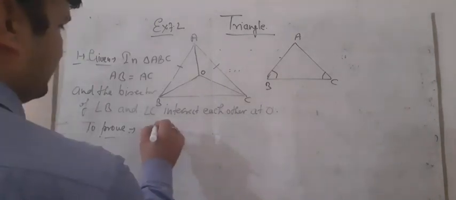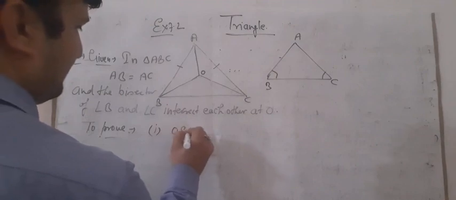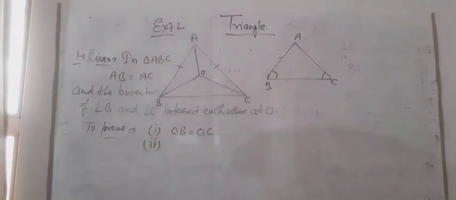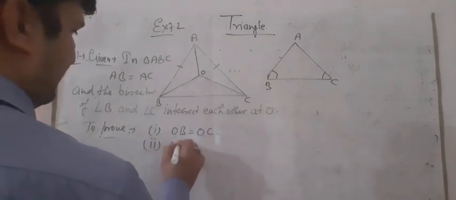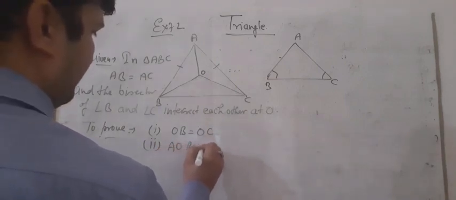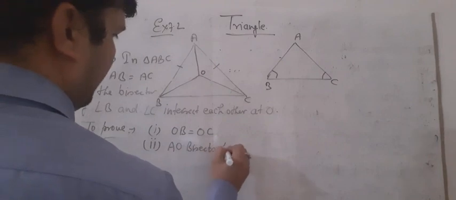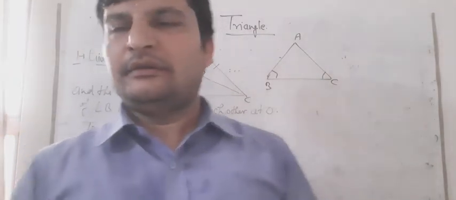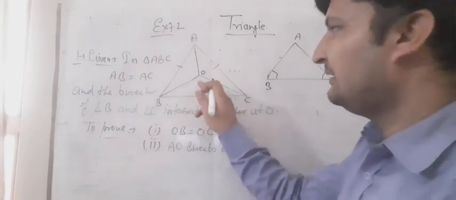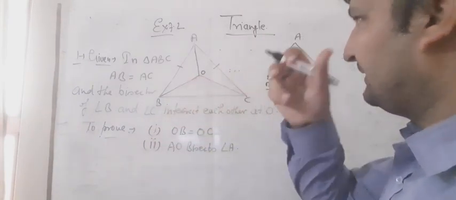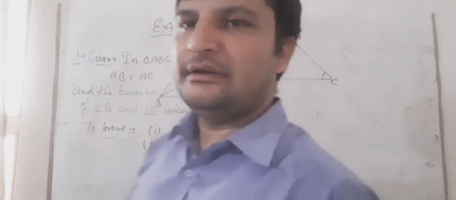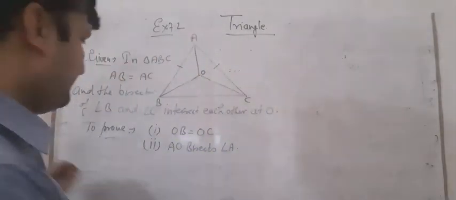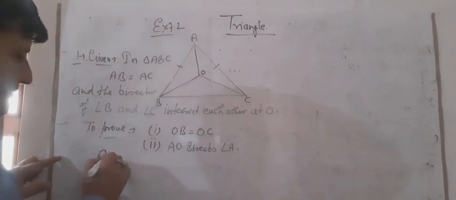First one is OB is equal to OC, and the second one is AO bisects angle A. So students, we have to prove that OB is equal to OC, and in triangle ABC it is already given. So students, we will start the proof.